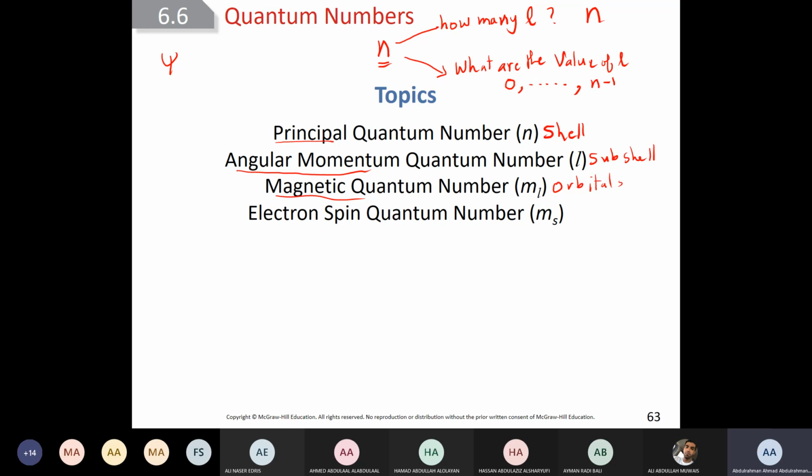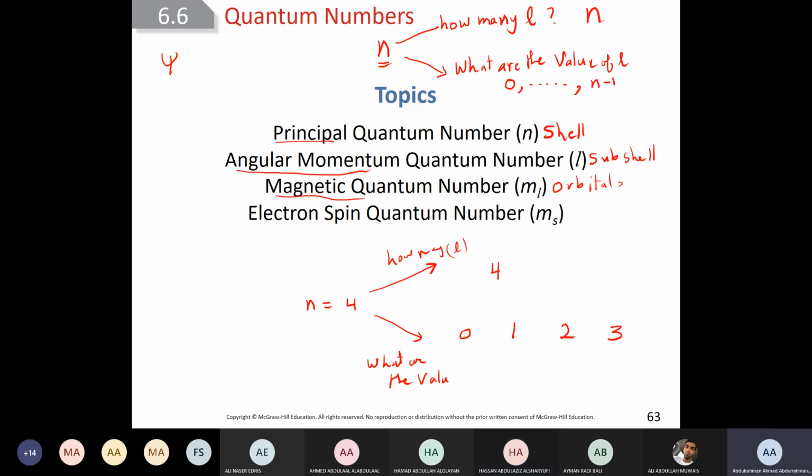If n is equal to 4, then how many L? 4. You should say right away 4. And now I'll ask you, what are the values? 0, 1, 2, and 3.